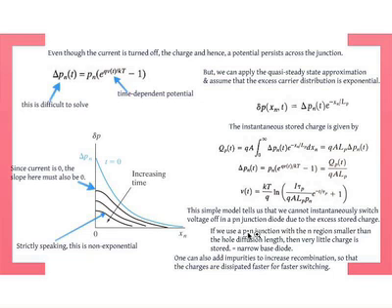If you use a highly doped P plus N junction with the N region smaller than the hole diffusion length, so what does that mean? If this region, which is in the N side, is smaller than the hole diffusion length, then this recombination can happen really fast. That's what it means.